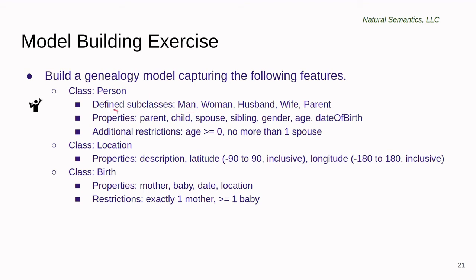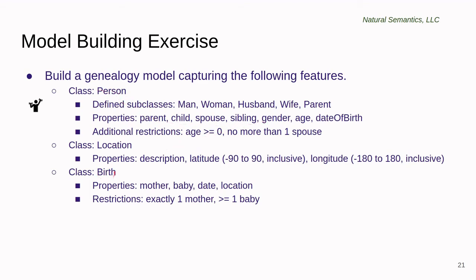In addition, besides the person class, create a location class, and the properties that have location in the domain will be description, latitude, and the values of latitude can range from minus 90 to 90 inclusive, and longitude, and the values of longitude can range from minus 180 to 180 inclusive. If I didn't explicitly say it, these properties have person in their domain.